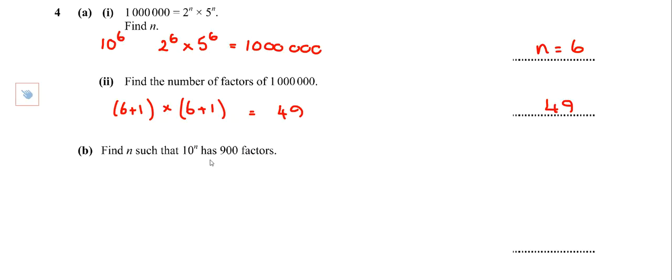So I'm looking for something times something that makes 900. 30 times 30. But then that leaves 2 to the power of what times 5 to the power of what? If it's 30 times 30, it'd be 29. Okay, so n is 29.